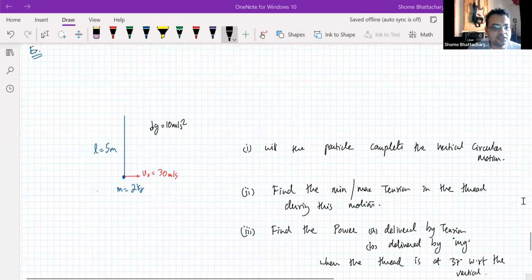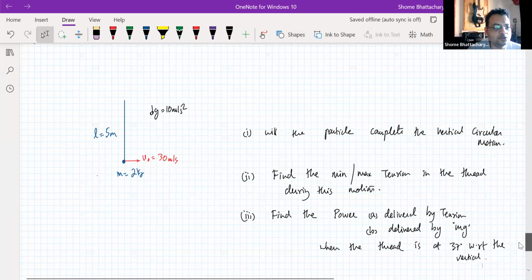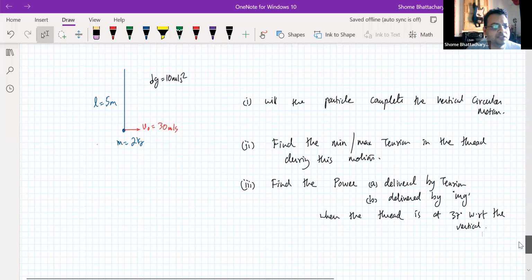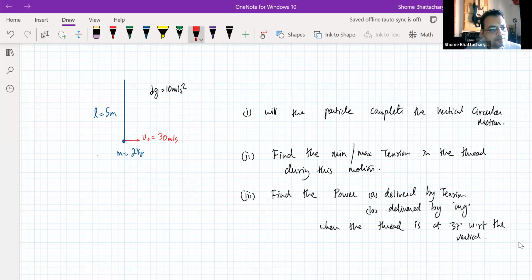Okay, people, so let's understand this question. What is the answer to the first part? Will it complete vertical circular motion or not? What is the condition for completing vertical circular motion? Remember this formula, people?